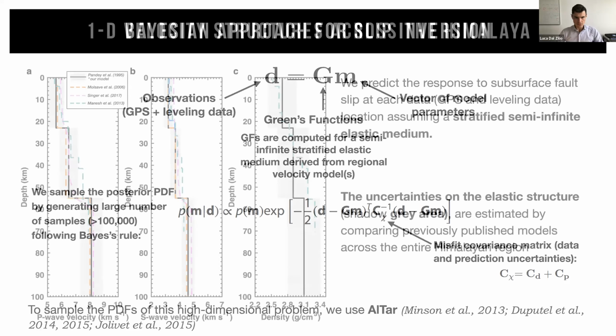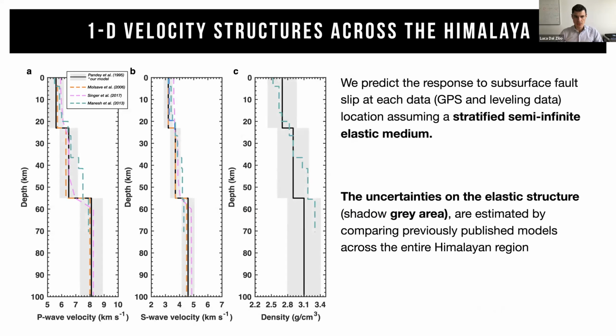Now, when I mean the type of elastic structure, we know that we have some regional models, and in the literature you can find different regional models. Here is an example with dashed lines of different publications with different regional models for Nepal. And you can see that we have this stratification of the P wave velocity, the S wave velocity, and density, and each model has some variability in there.